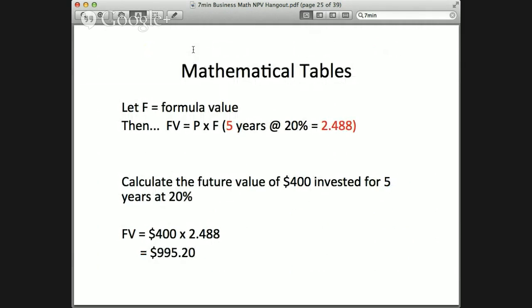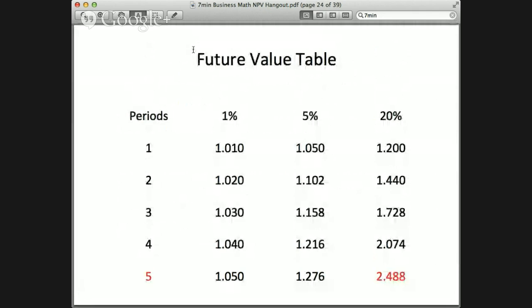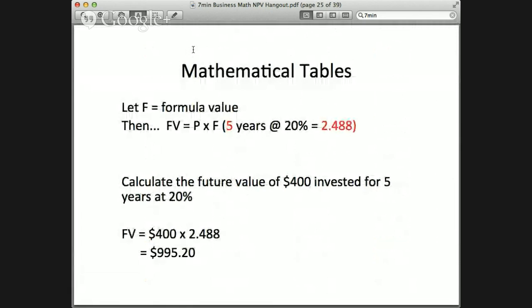So let's look at that calculation again. Let's say that F equals the formula value. The formula value, of course, there is 2.488, correct? Yep. So let's say you're going to invest $400 for a 5-year period. Based on the table, 5 years, in this case it's 20%, not 12, is 2.488.